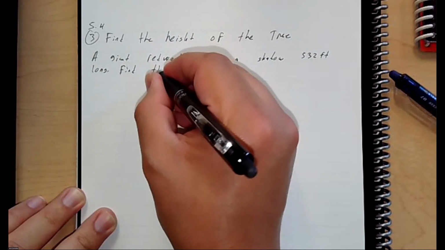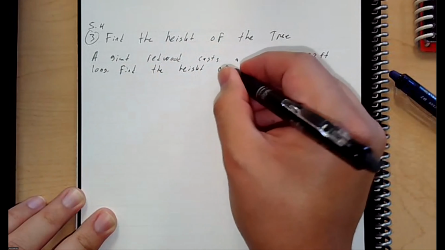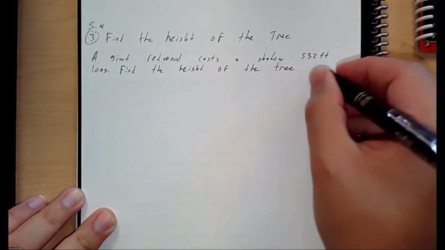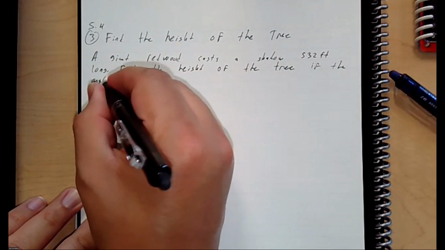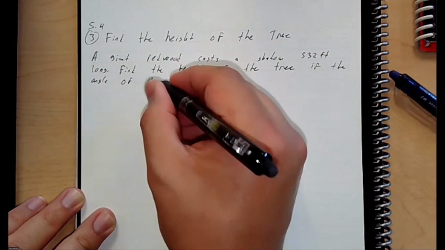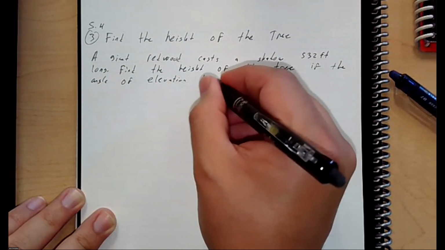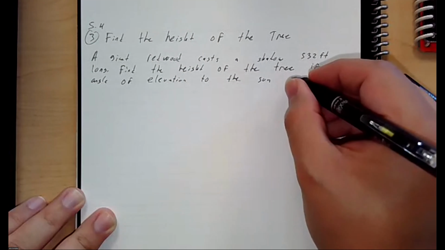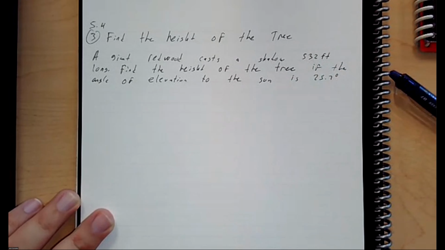Find the height of the tree, if the angle of elevation to the sun is 25.7 degrees.